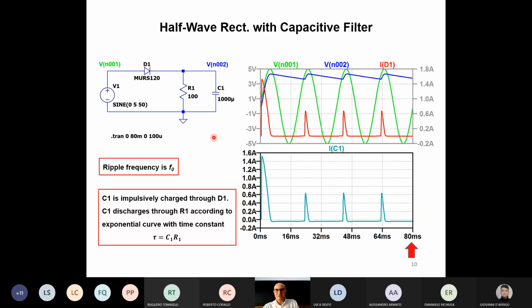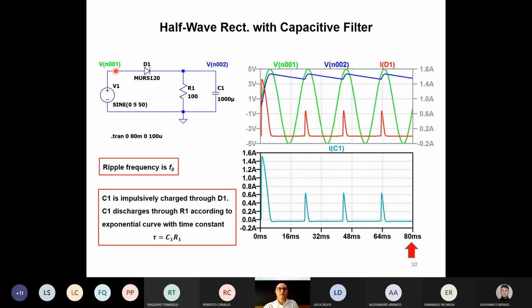Okay, now this may look a bit complicated, but it is not so. What I simulated here again is the secondary of a transformer. So 5 volts. I use low voltage, so all the defects will be very enhanced, evident. 50 Hz, okay.